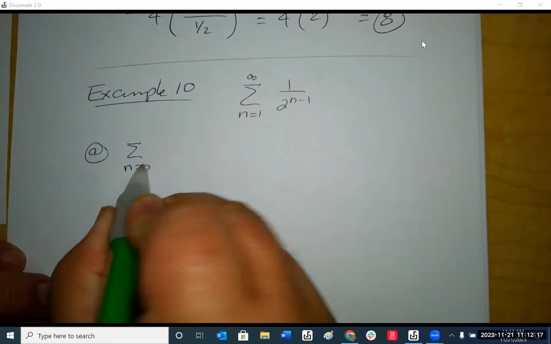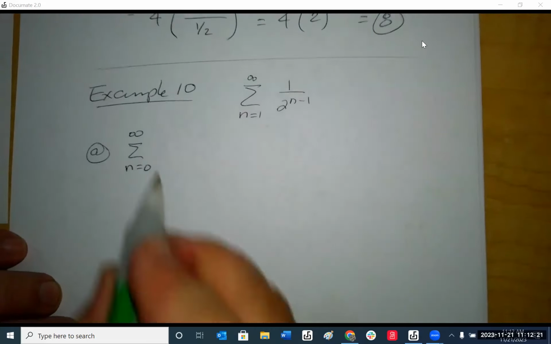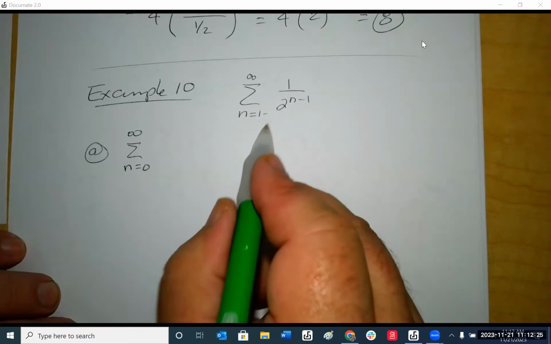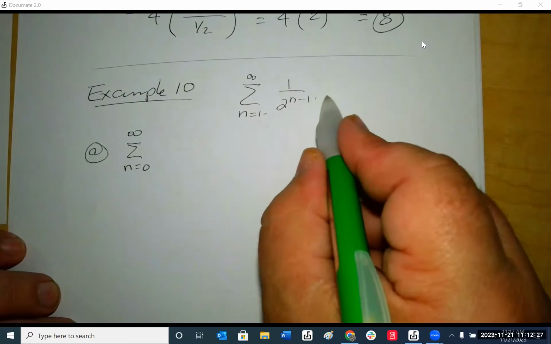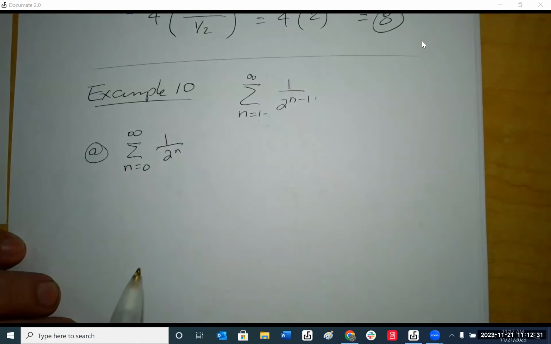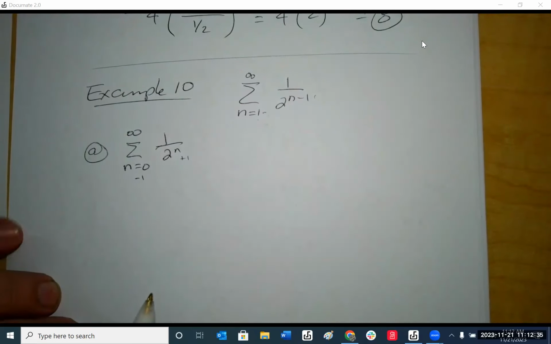If we start off at 0, because we start off at 1, we subtracted 1 here. That means we have to add 1 there. So it goes to 1 over 2 to the power n. We subtract 1 here, we add 1 there.